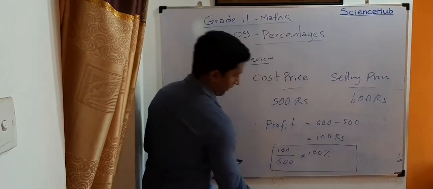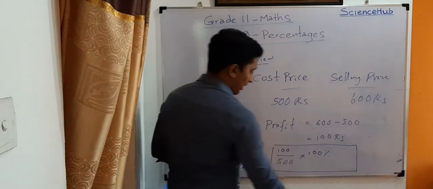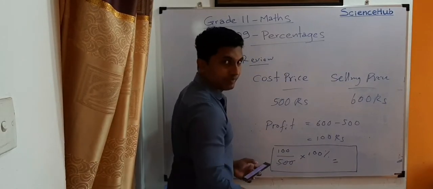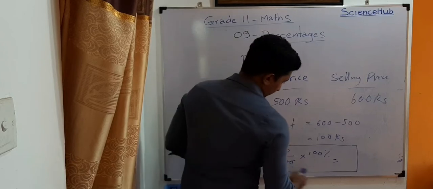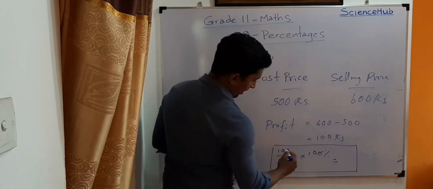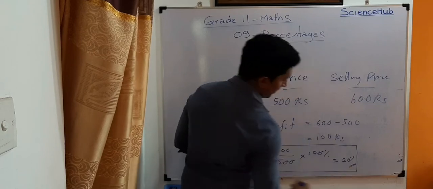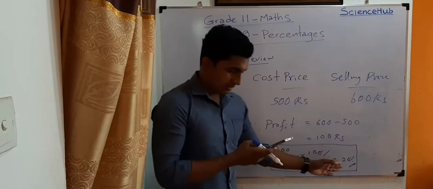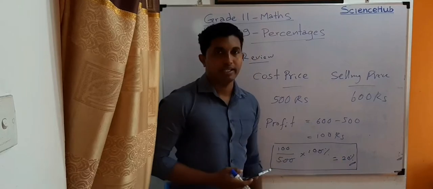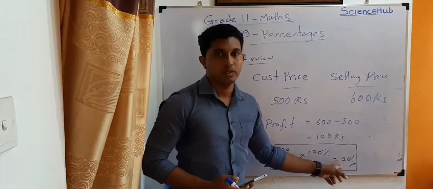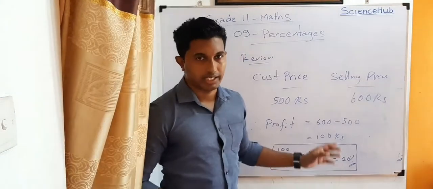With simple simplification, 100 over 5 means 20%. Then what is the question? The profit as a percentage. The profit percentage is equal to 20%.